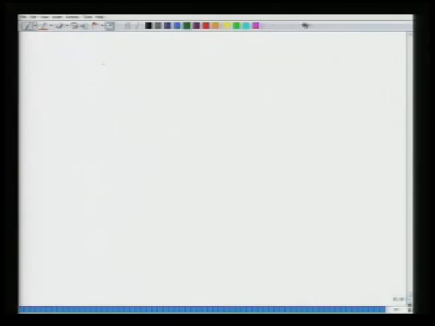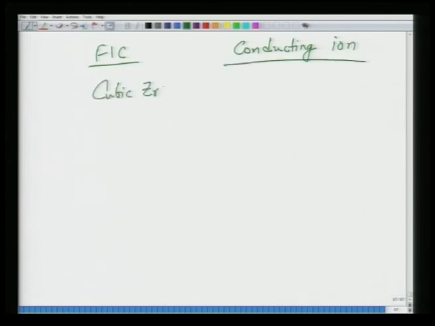So, I'll give you some examples of these materials, and then I'll finish off this lecture. FICs and conducting ions. If you take cubic zirconia, the oxygen ion is the conducting ion. Naturally, if you create oxygen vacancies, the oxygen ion would be the conducting ion. Similarly, if you have boracite, for example Li4B7O12Cl, this has the lithium ion as the mobile ion.